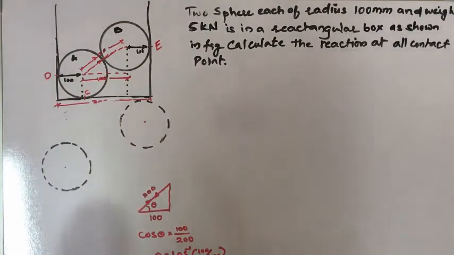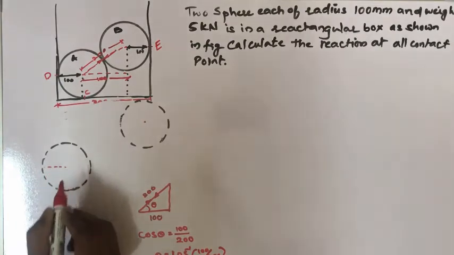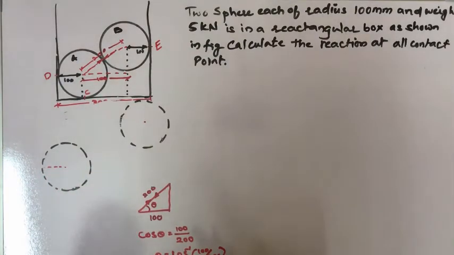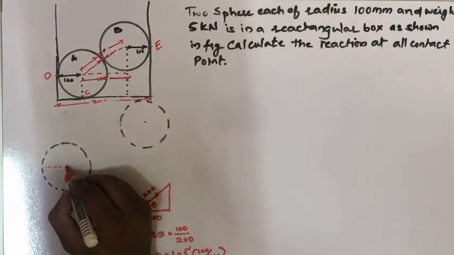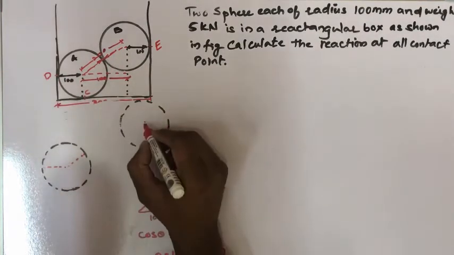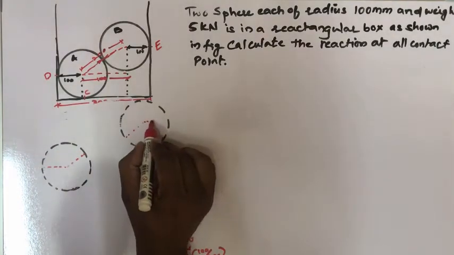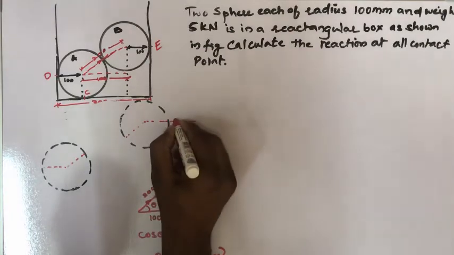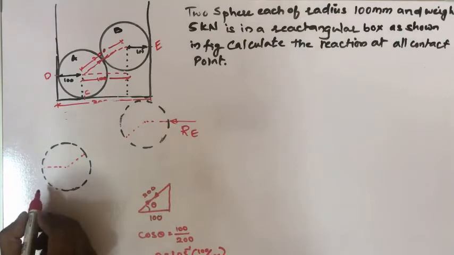Now I'll draw the free body diagram. In a free body diagram, generally whatever the contact surface reactions are produced, you have to show them. Then the self weight of the sphere. Here there's a contact surface, here there's a contact surface. I'll just draw a line over here. Again for this, in the same direction it will act, and there's a contact surface over here. So here I'll write RE, that is the reaction at the E point.